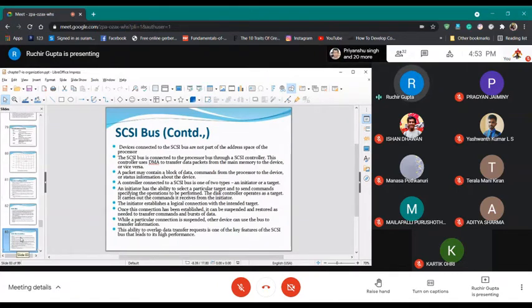Another important thing to discuss is that there are two types, like the previous PCI bus. One is initiator and the other is target. It is the same as the previous thing.